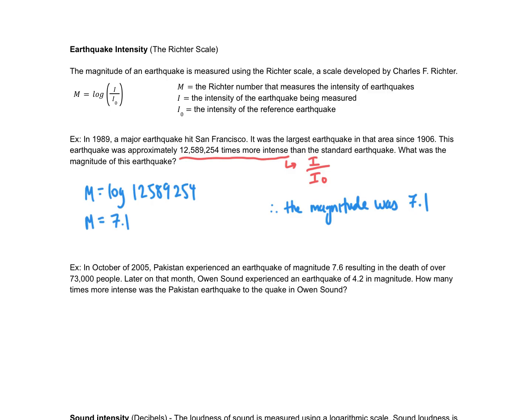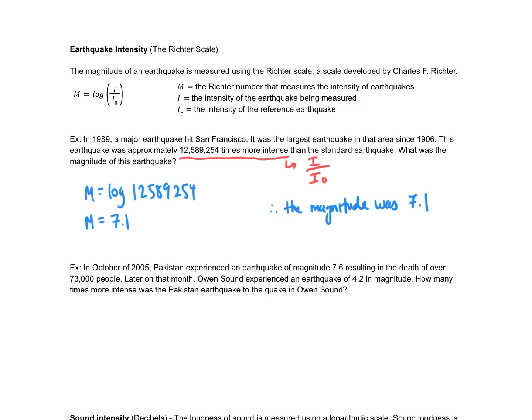In October of 2005, Pakistan experienced an earthquake of magnitude 7.6, resulting in the death of over 73,000 people. Later on that month, Owen Sound experienced an earthquake of 4.2 in magnitude. How many times more intense was the Pakistan earthquake to the quake in Owen Sound?